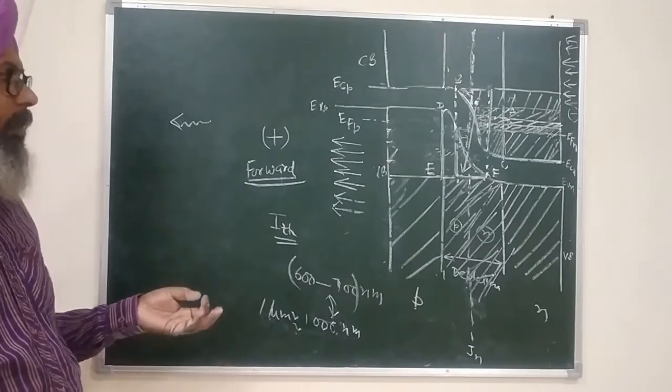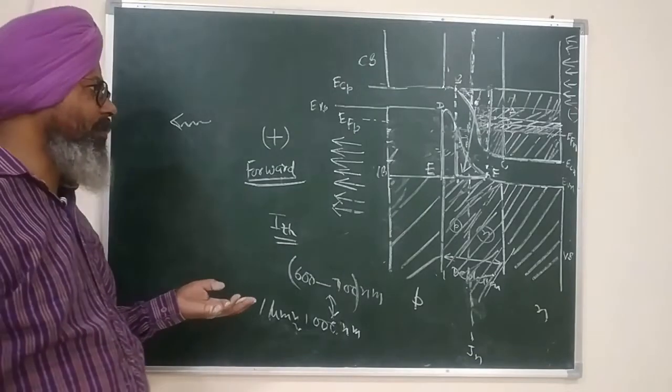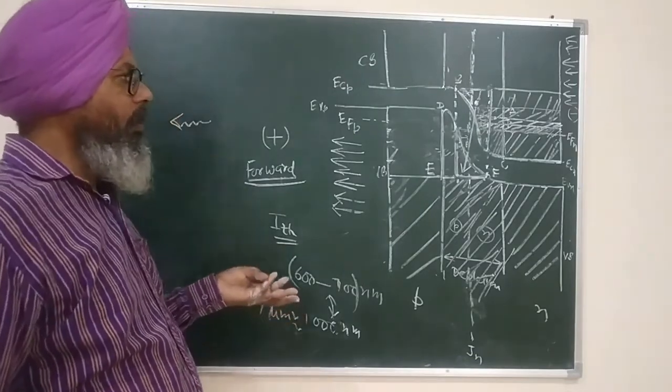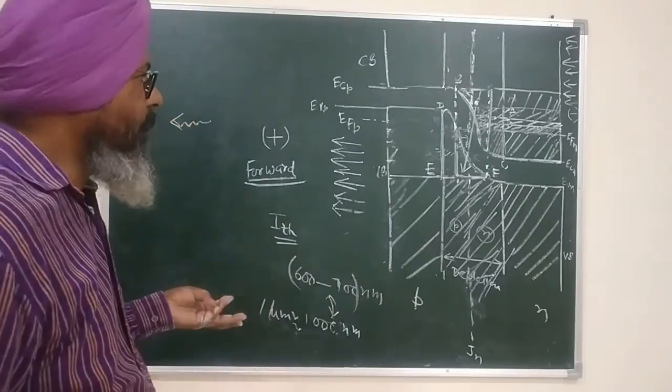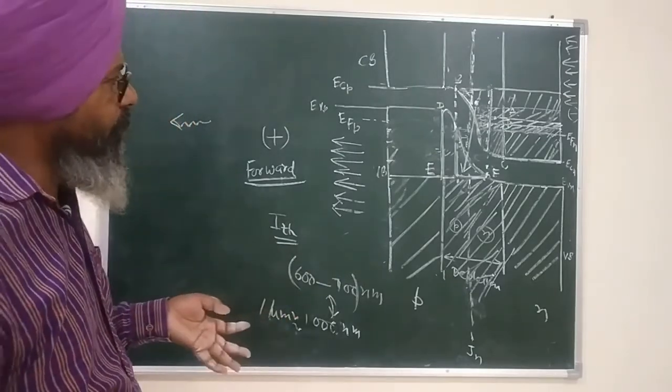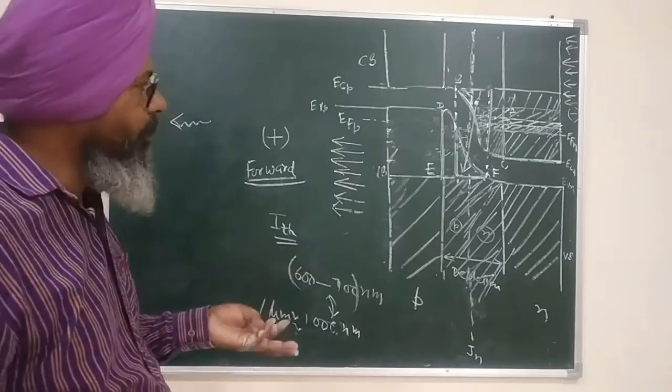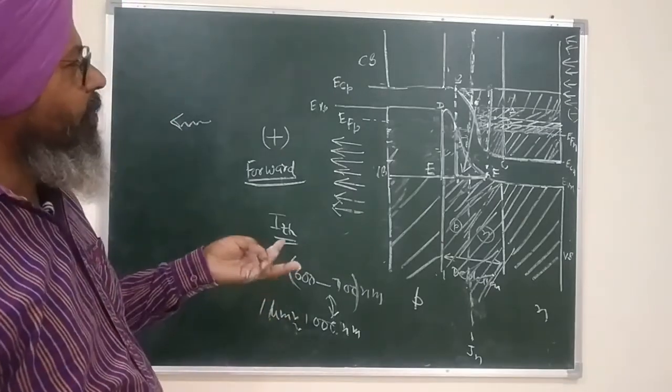So therefore you can very easily summarize it: it is a two-level laser. Its light is not going to be properly monochromatic, and it is not going to be properly directional. The intensity of the light will also be small. Its life is also limited.